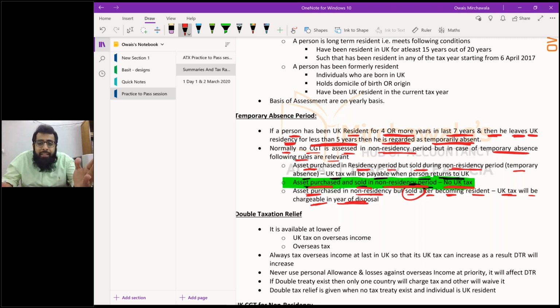Or I would say you can use a simple logic. Now, how can HMRC know? How can the tax department know that you purchased that asset and you sold it? Because you purchased in non-residency and you sold it in non-residency, they cannot know about that. That is also logical.